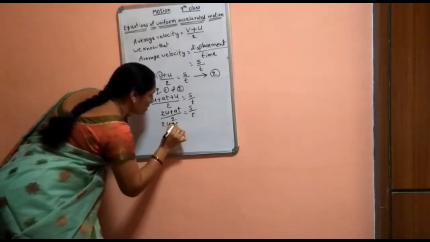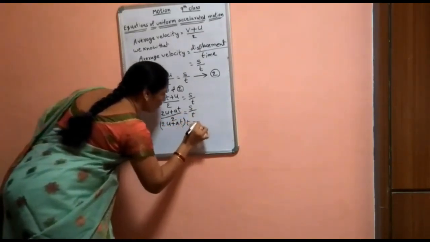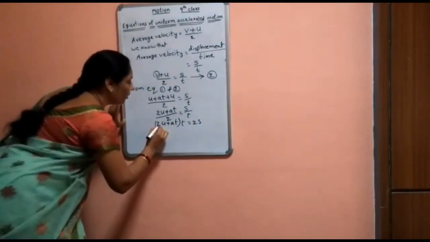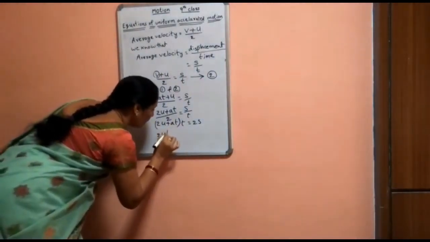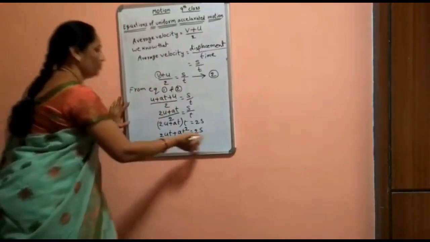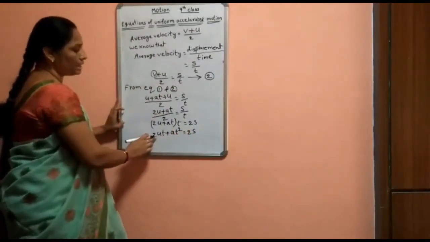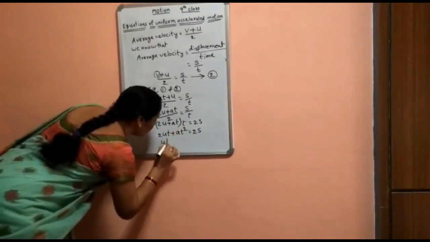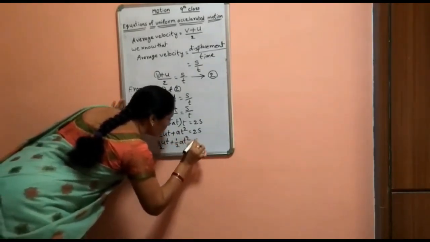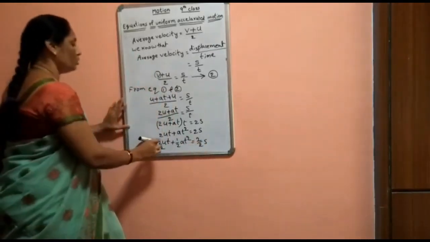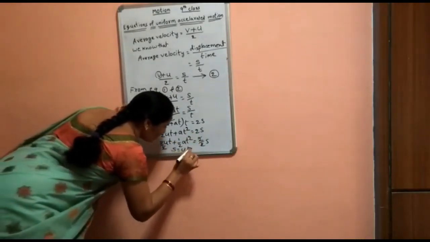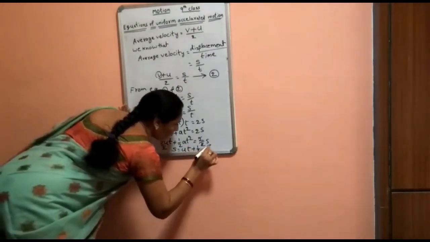So 2u plus at into t is equal to 2s. 2u into t plus half at square.